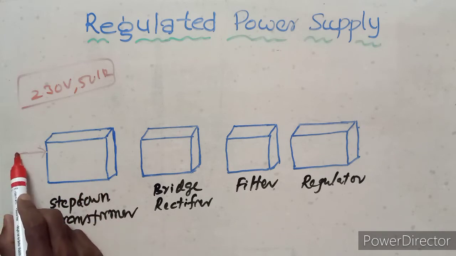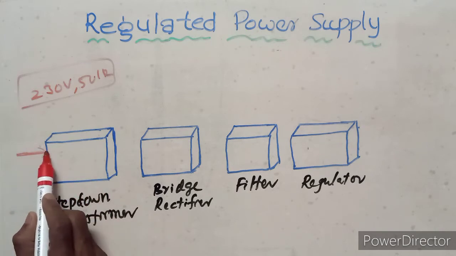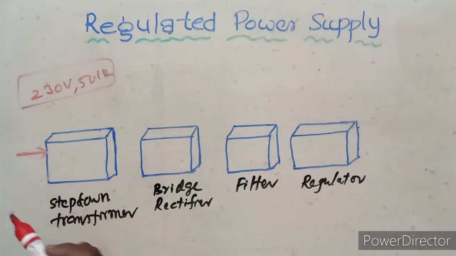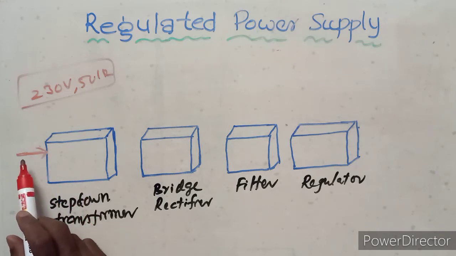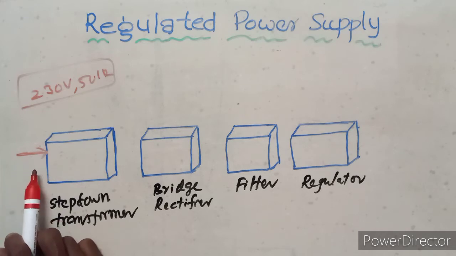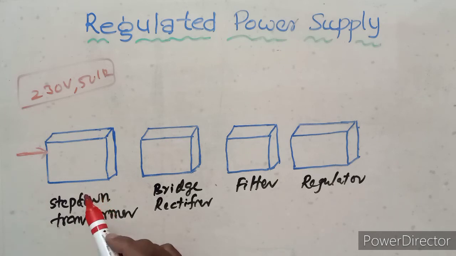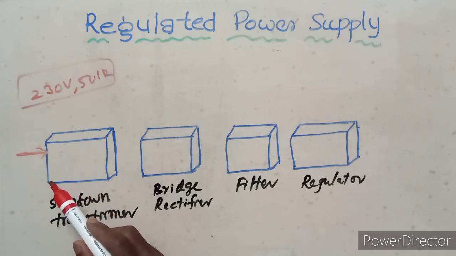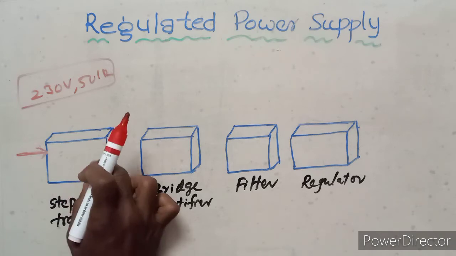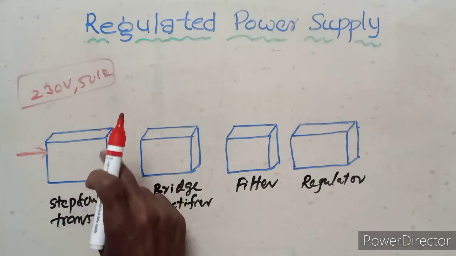Let us consider this is the high voltage. This voltage is converted to the required voltage level. The turns ratio of the transformer is adjusted so as to obtain the required voltage.